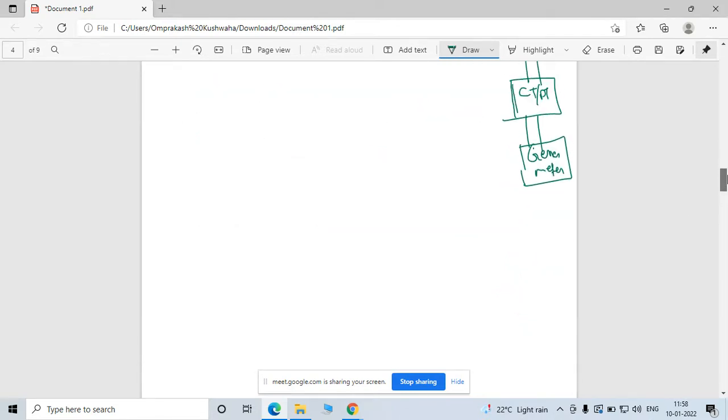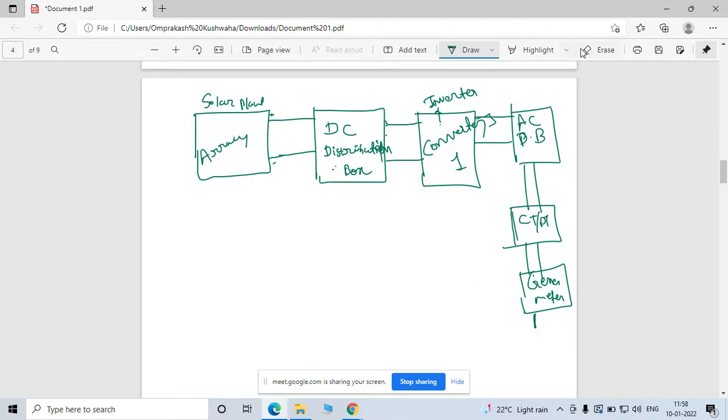Generation meter means how much you are generating here. Sorry, the CTPT location is not here; it is near the net meter. So after this ACDB, here is your generation meter, which shows how much you are generating.